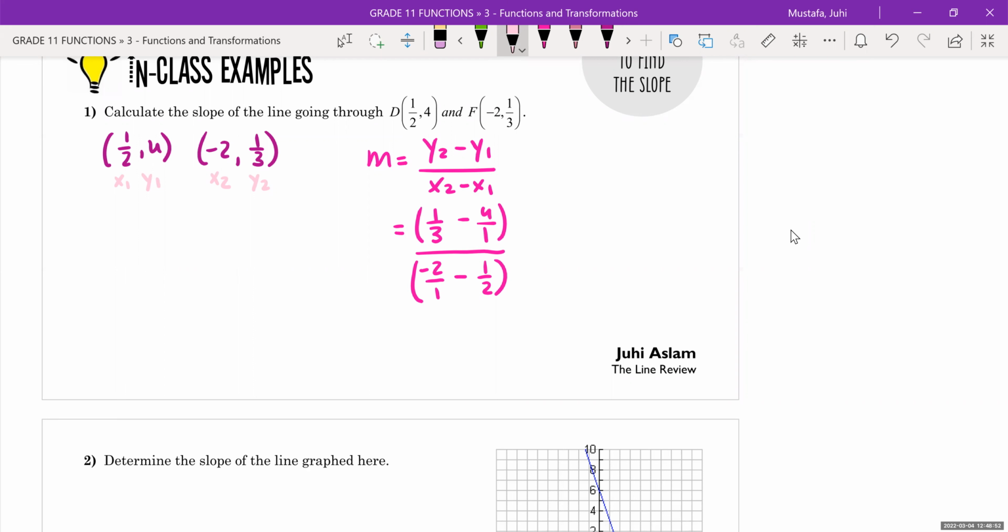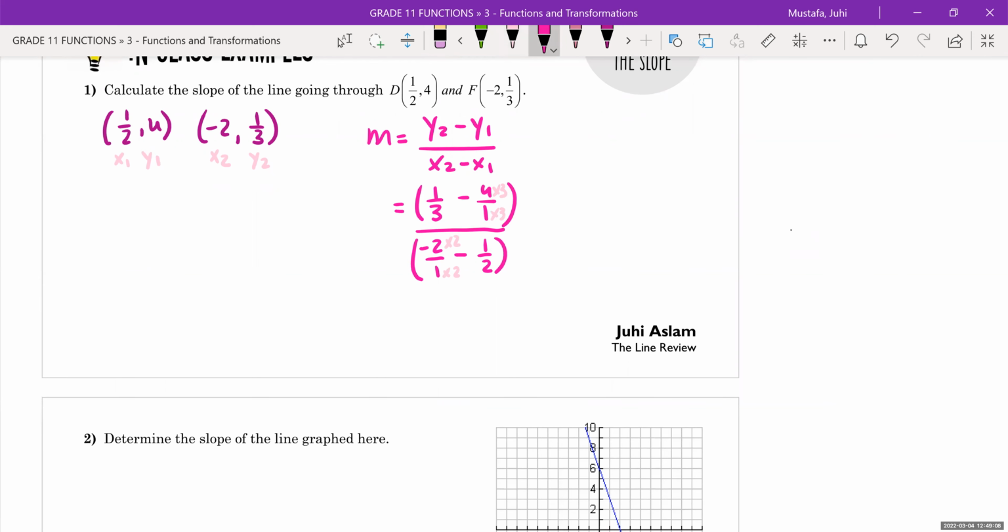So we're going to find a common denominator here by multiplying this by 3 and multiplying the 4 by 3 as well. And then in the bottom, we're going to multiply this by 2 and multiply the numerator by 2. So we end up with 1 over 3 minus 12 over 3 divided by -4 over 2 minus 1 over 2.